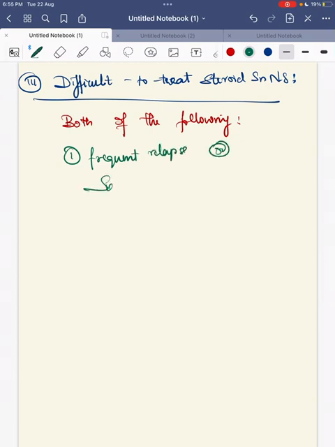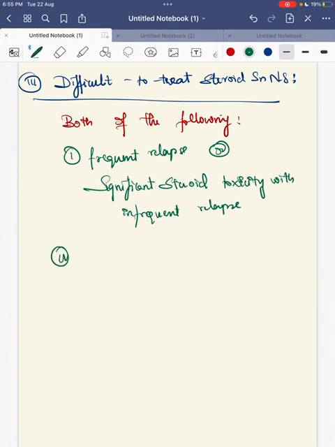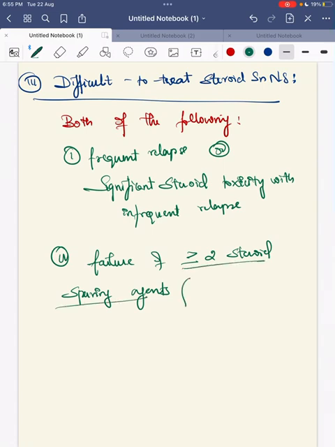That is, when the child has frequent relapse, or significant steroid toxicity with infrequent relapse. Second, when the child has failure of more than or equal to 2 steroid sparing agents.